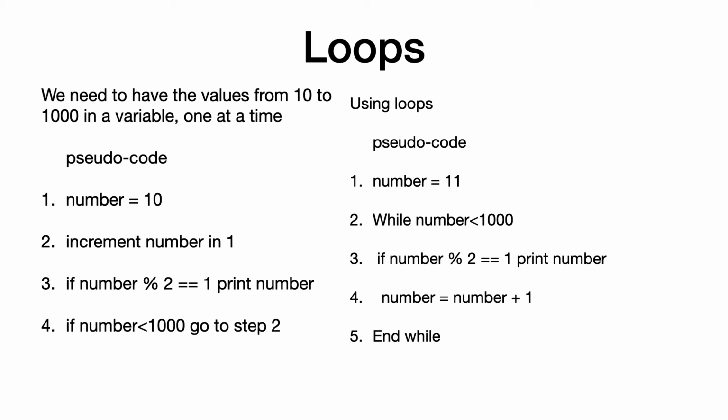When the compiler arrives to that line, it will automatically go to the line where the while is supposed to start. It will check if the condition holds, and if it holds, we'll execute the block of instructions again. So this one is a simplified version of the previous solutions that we created.